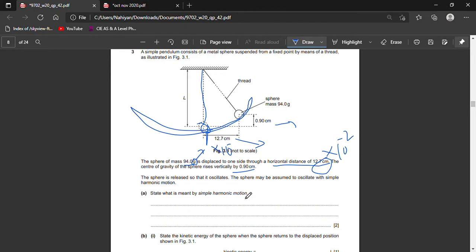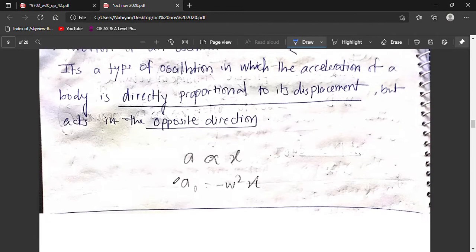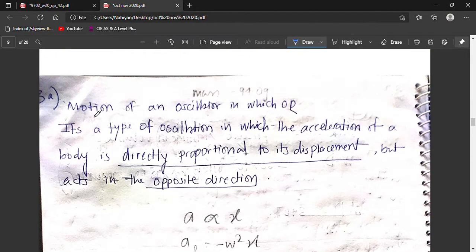So what is simple harmonic motion? You can write it in two ways: motion of an oscillator, or a type of oscillation in which the acceleration of a body is directly proportional to its displacement. So acceleration is directly proportional to displacement. This is the first marking point, and the second marking point is that it acts in the opposite direction.